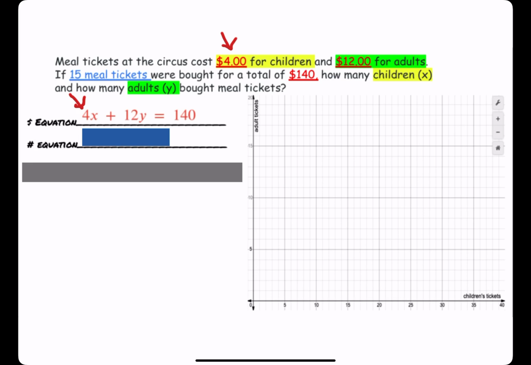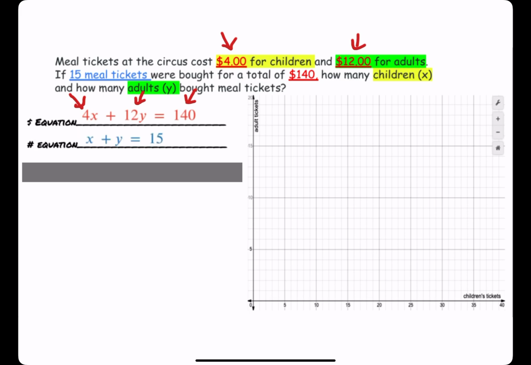The adult tickets cost $12, and there are Y adults. So the total cost for the adults is 12Y, 12 times the number of adults. That should give you a total of $140. 4X plus 12Y equals 140.